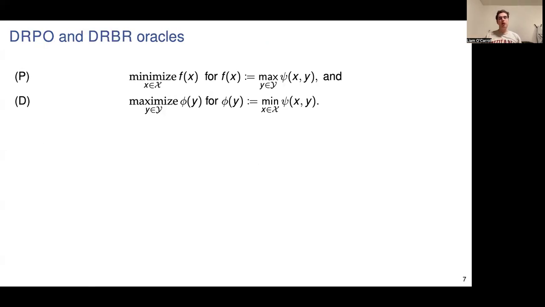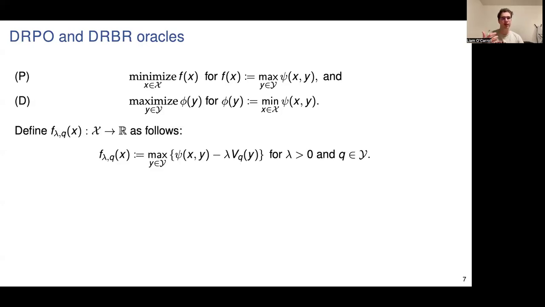So having defined a notion of regularization over the dual constraint set, we can now formally state the definitions of the regularized versions of the two oracles mentioned previously that we consider. To do so, we're first going to define a regularized version of the function f, which appears in the definition of the primal optimization problem.